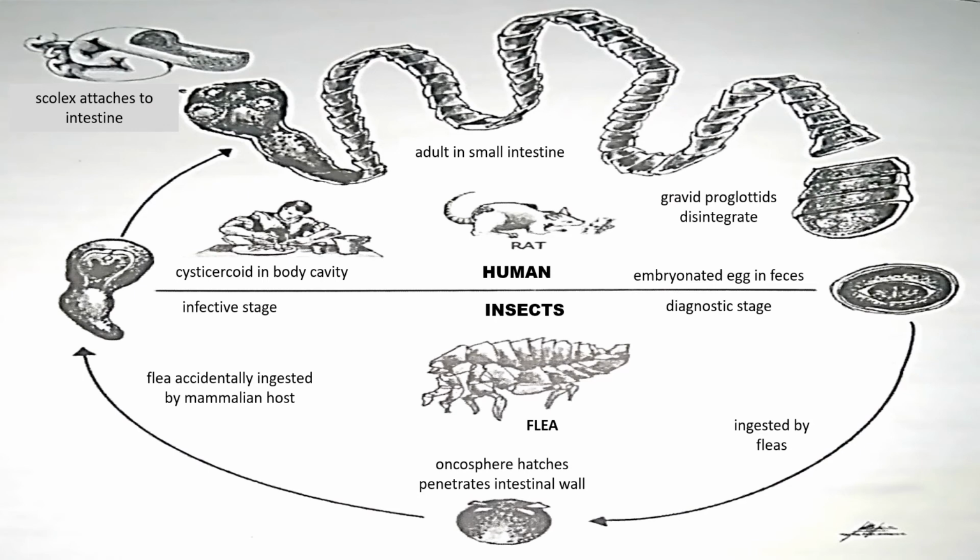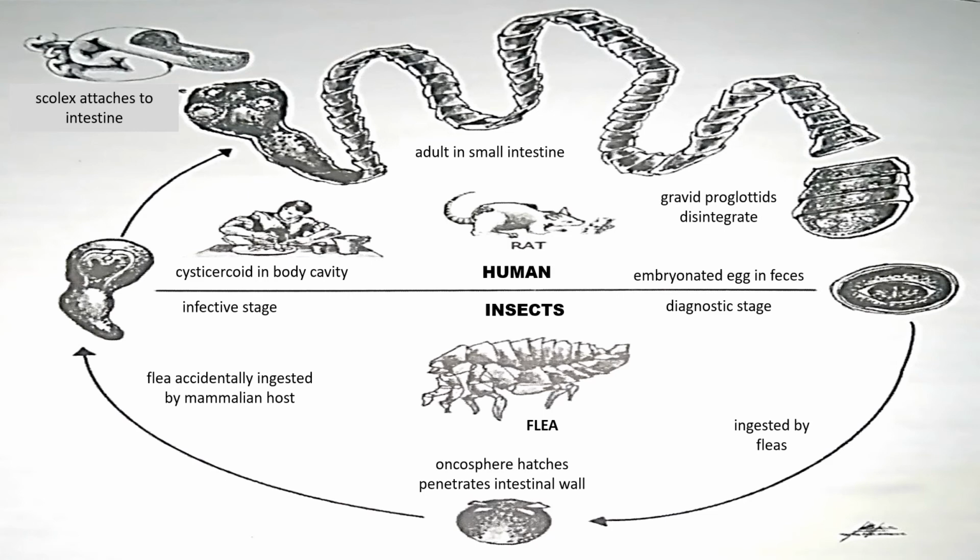So, for the life cycle, here, it needs an intermediate host. Unlike H. nana, even without an intermediate host, it can complete its life cycle. That is the difference in their life cycles. So here, it really needs an intermediate host. Wherein, embryonated eggs in feces will be ingested by intermediate hosts such as fleas, and it will hatch there, releasing the oncosphere, and it will penetrate the intestinal wall.